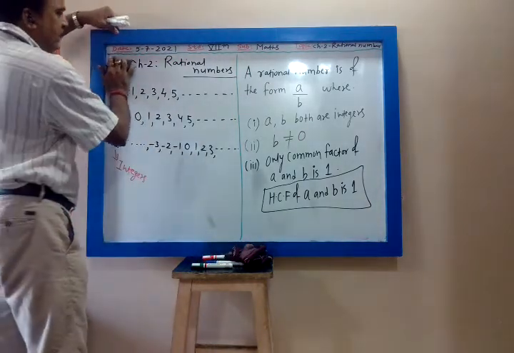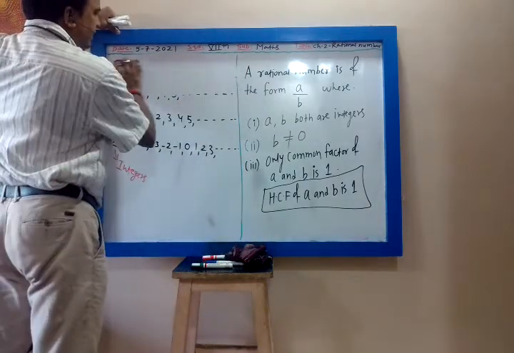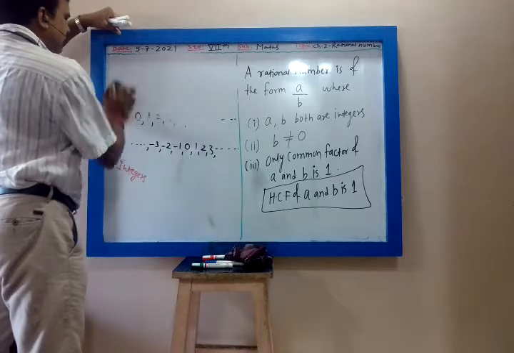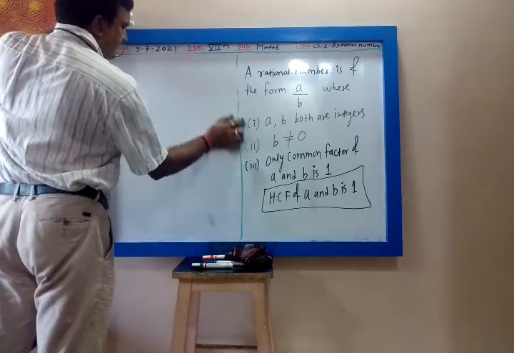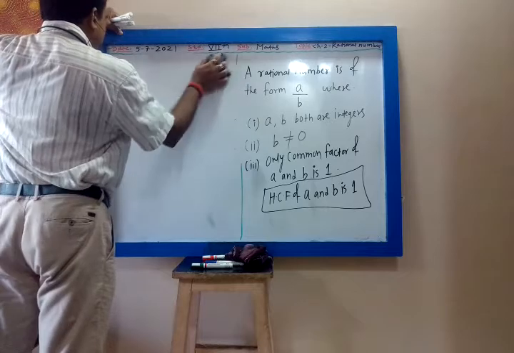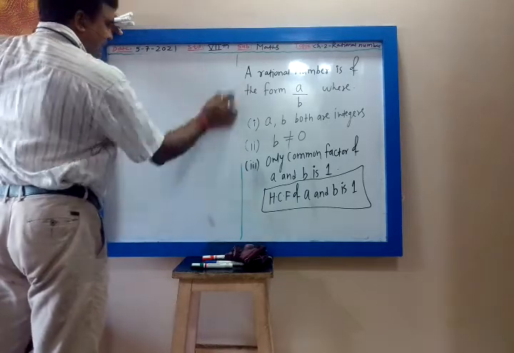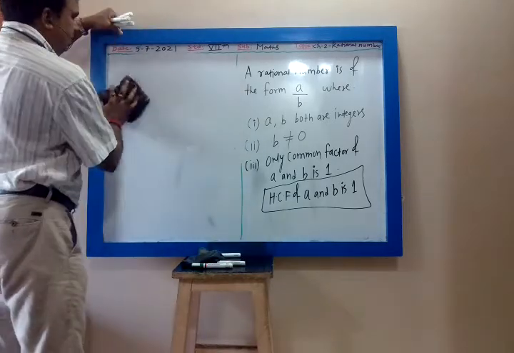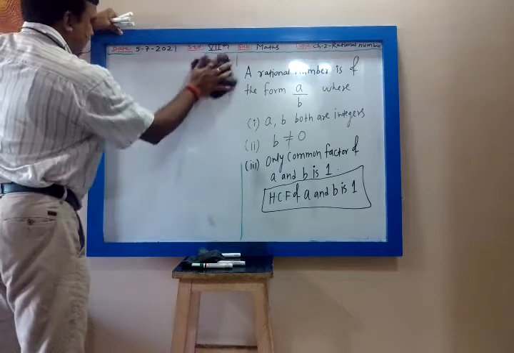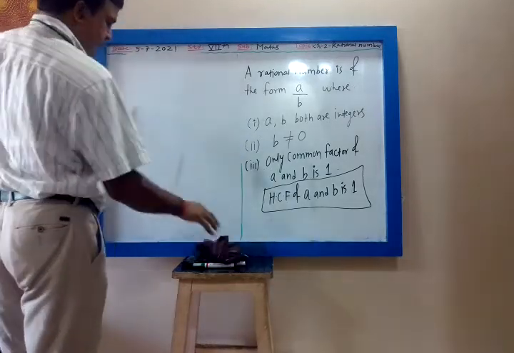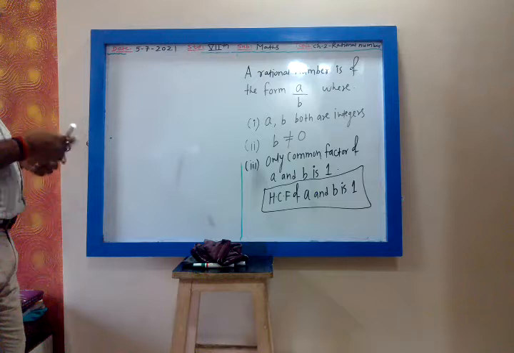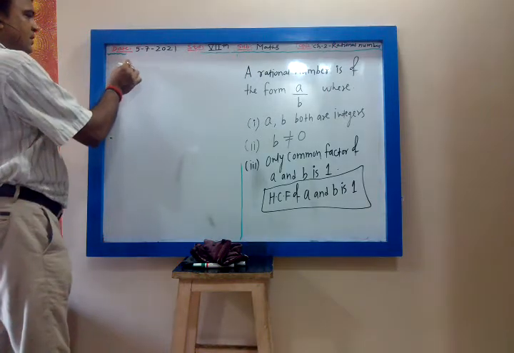You can take an example of a rational number. Any rational number has a numerator and a denominator both. Let us take a few examples, and things will be clear.